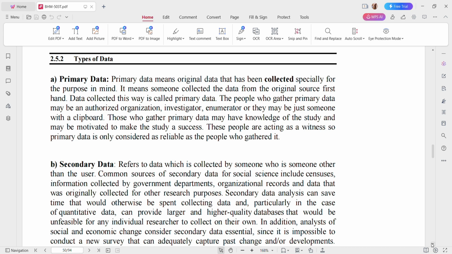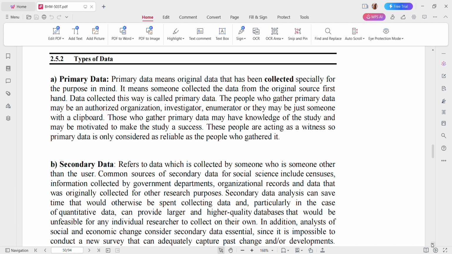We have organizations in our community taking care of it. So instead of conducting it manually, why not just ask this information from appropriate organizations? So that's secondary data.